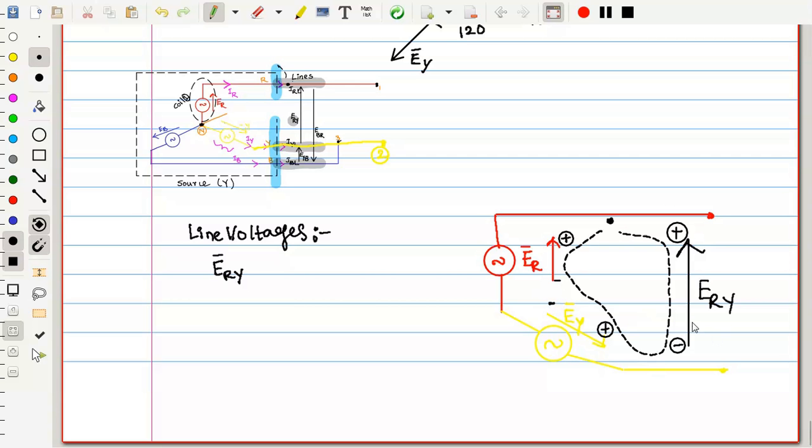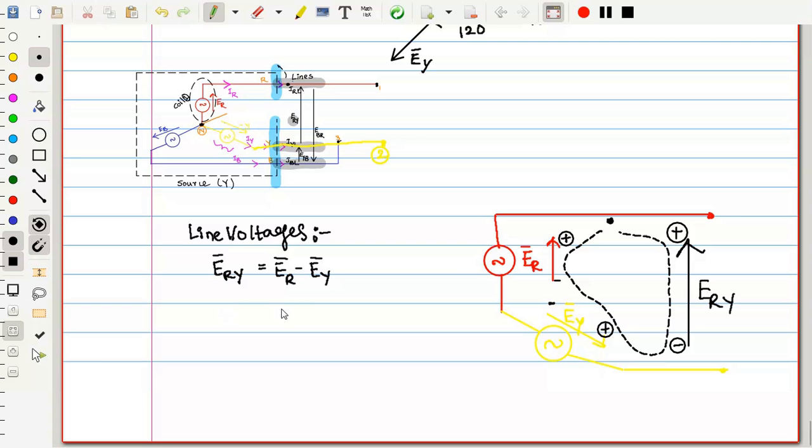Then can I write ERY as ER minus EY? ER phasor minus EY phasor. Whenever we try to add up the things, don't add magnitudes, you will get wrong results. You should consider addition of the phasors, not simply magnitudes.